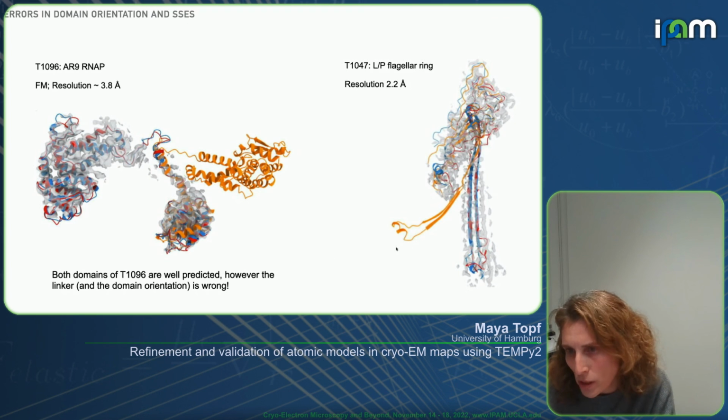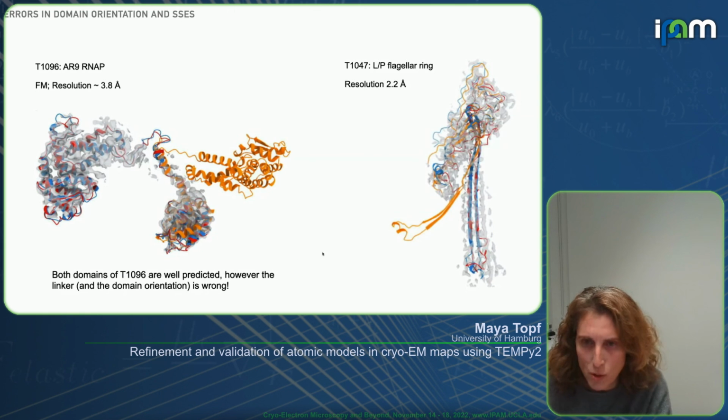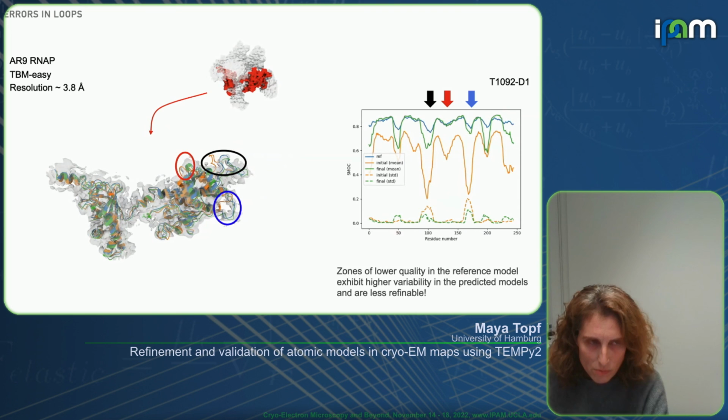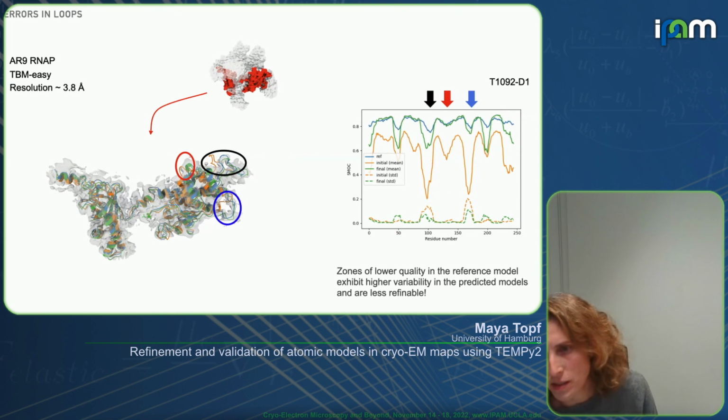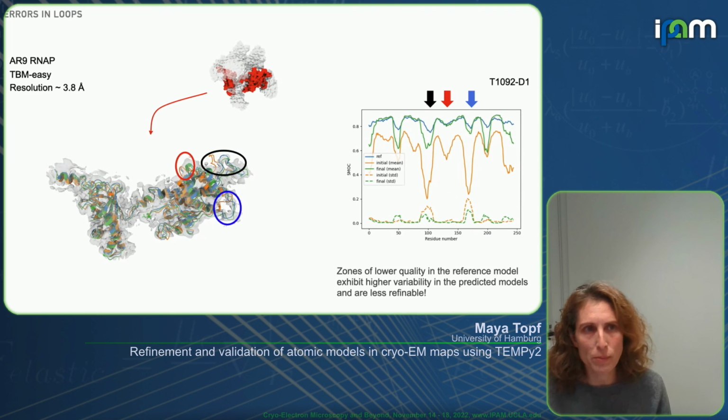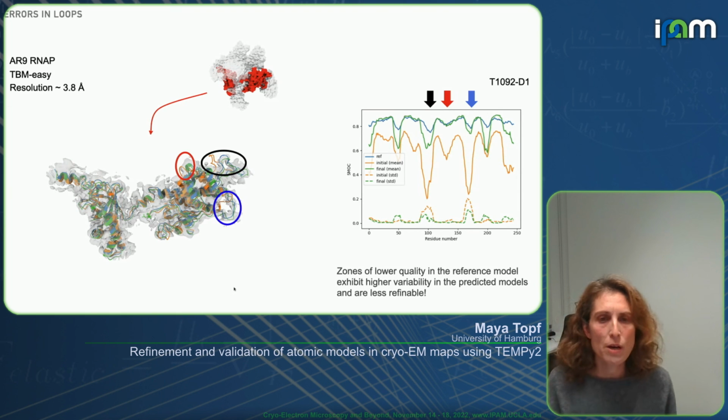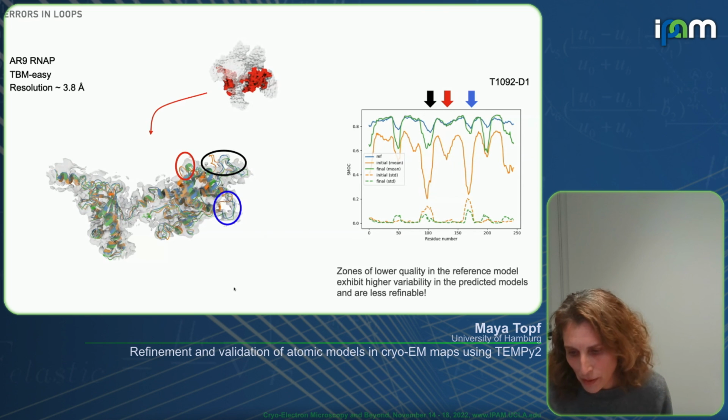The same holds on the right-hand side for the flagellar ring, for example, because this is a complex and we are only modeling one individual subunit. So the secondary structure, the hairpin, is correctly modeled, but it's not correctly oriented. Of course, this is very much the case also when we talk about errors in loops, and people who are using AlphaFold or RoseTTAFold or any other of these new methods for modeling should be really, really aware of that.